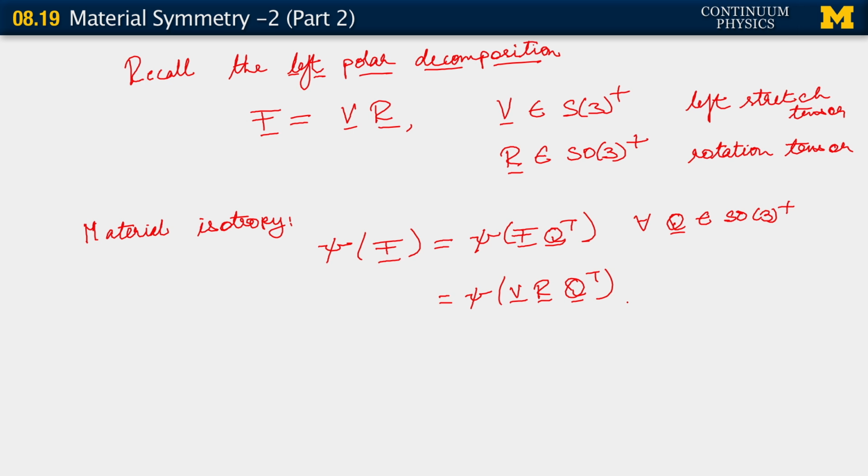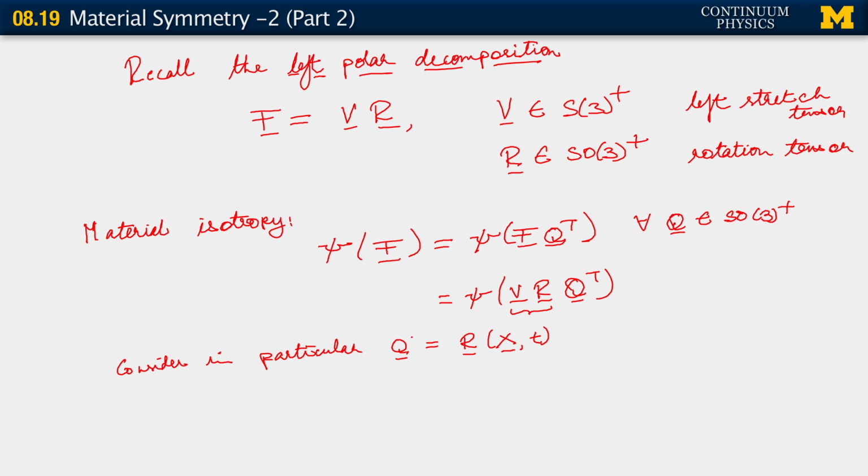Since we have the left polar decomposition in this form, and since this must hold for all Q, consider in particular Q equal to R at the point of interest and the time of interest.